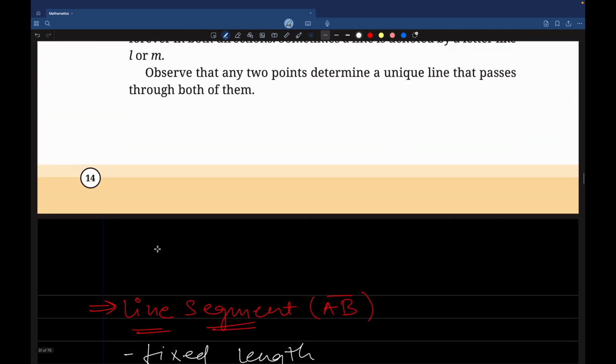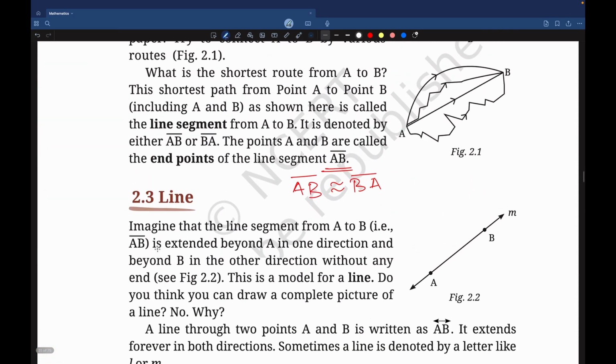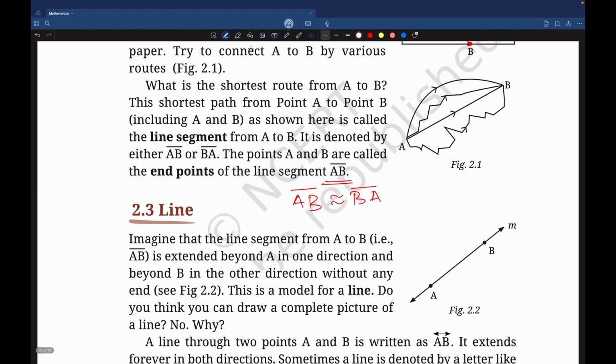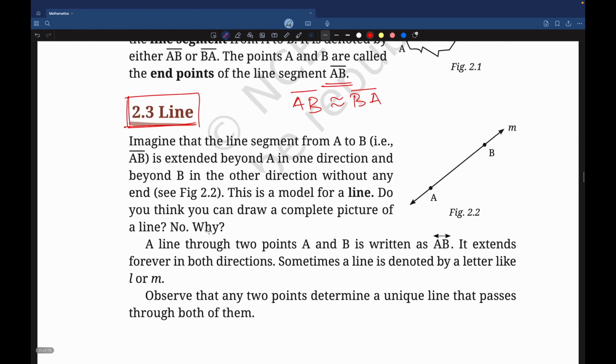Now let's discuss the next topic, that is topic number 2.3, line. Line is a line segment extended in both directions endlessly.